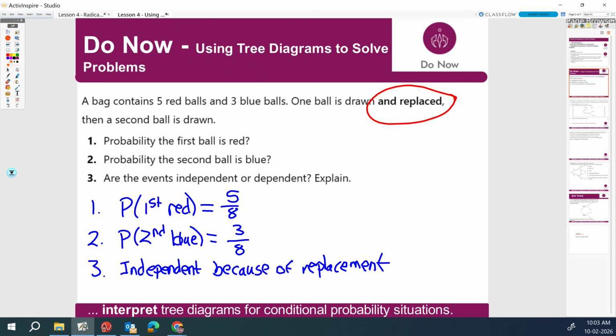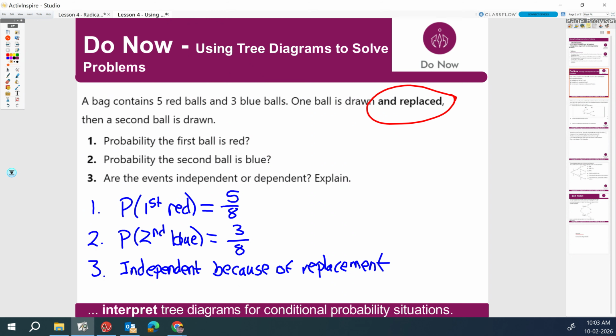If the ball wasn't replaced, what would the probability in the second case be? 3 over 7? In the second case, would it be 3 over 7? It depends on what the first ball out was.